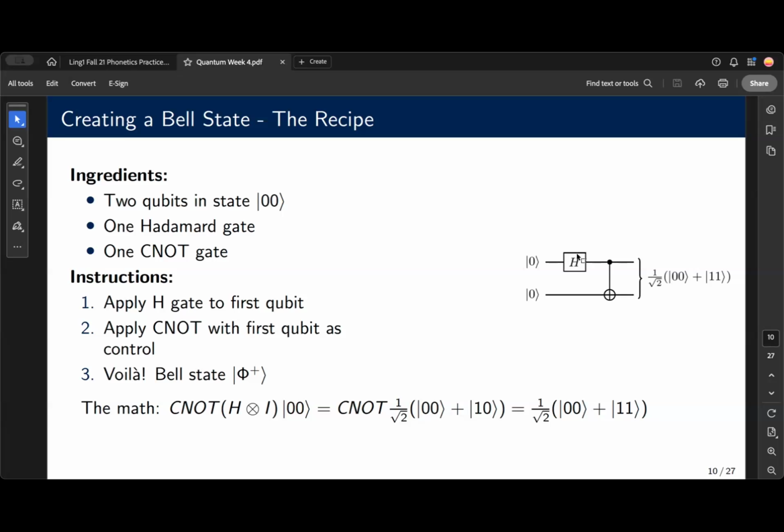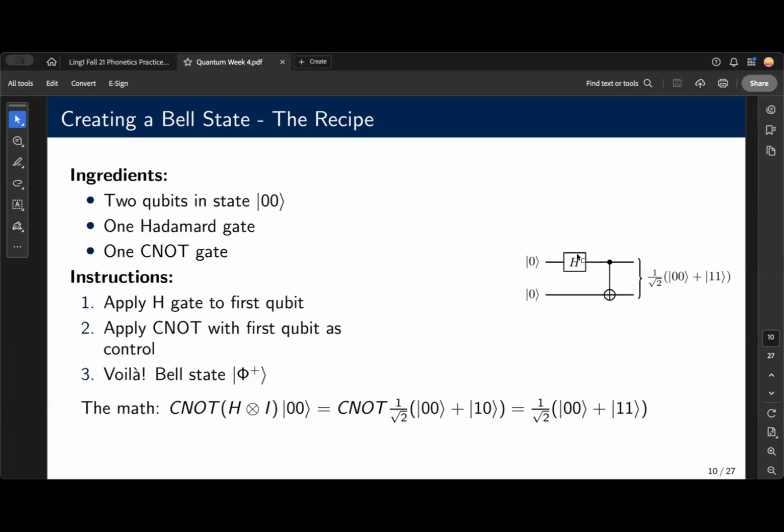And H is being written first because it is being applied to the first qubit. But for the second qubit, it is still the identity. So we apply H to 0 and we get 1/√2, 0 plus 1/√2, 1. And then it will be multiplied, the tensor product with ket 0 to get 0, 0 plus 1, 0.